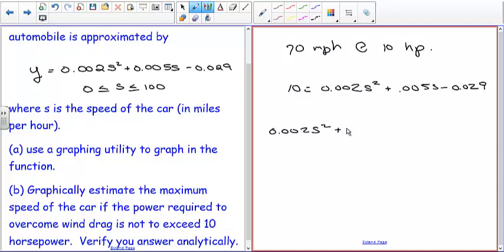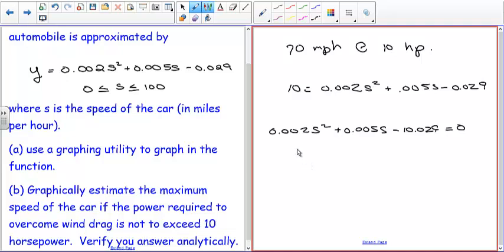The only thing that really happens is we're going to subtract 10 from both sides, so we get negative 10.029 here. And now we have to find the values where this function goes to 0, and that would be the corresponding speed that we looked up on the graph. So how do we do that?